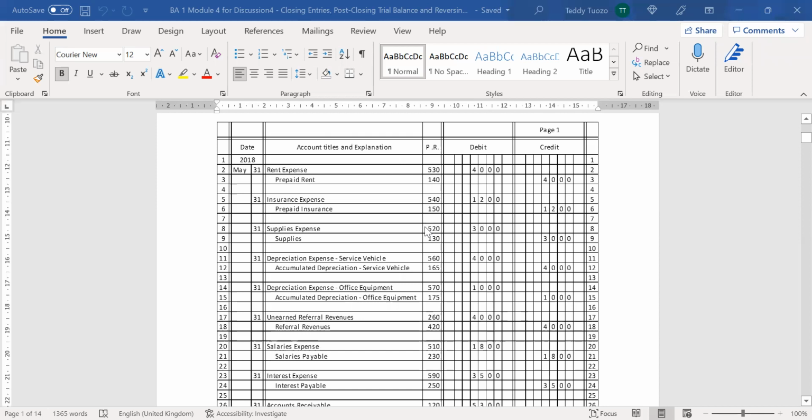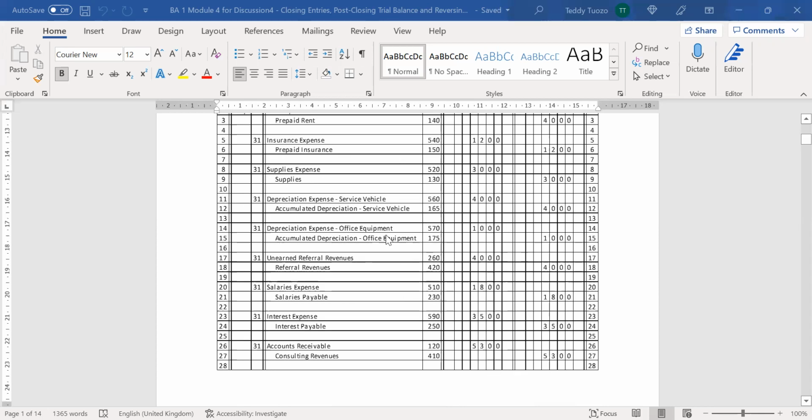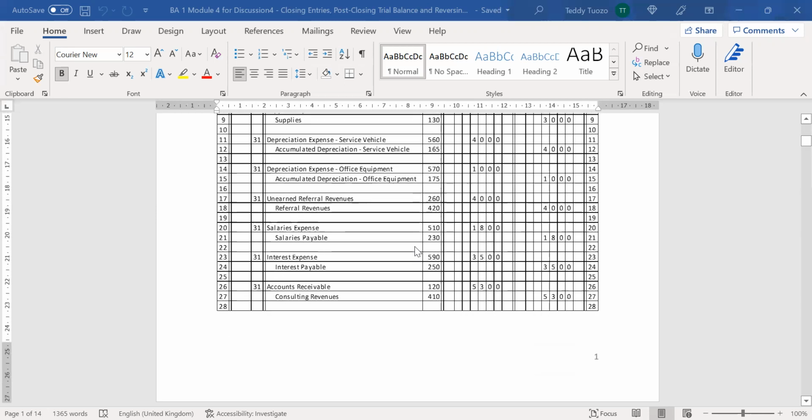As I've said, good job on the analysis if you have already done it in the worksheet, so it would be easier for you to formally prepare the adjusting journal entries. You just extract from the worksheet that you prepared onto a separate journal paper for the adjusting journal entries.